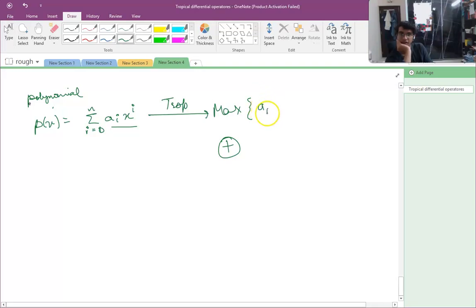So more generally I can express it as ai plus i x, for i equal 0 to n, or I can write it like this: i equals 0 to n, ai plus ix.